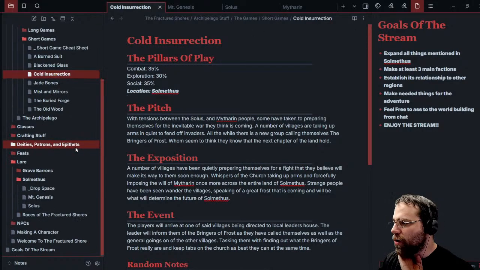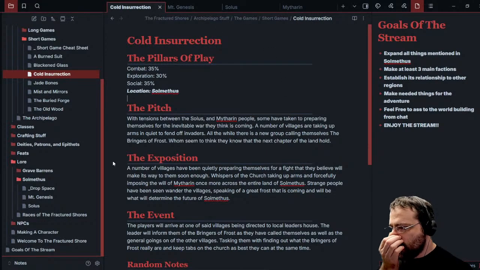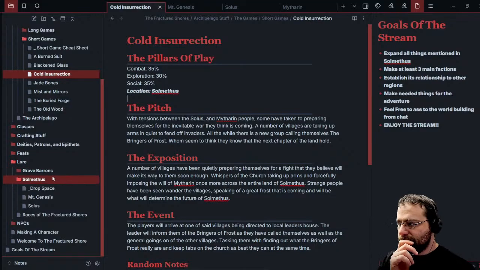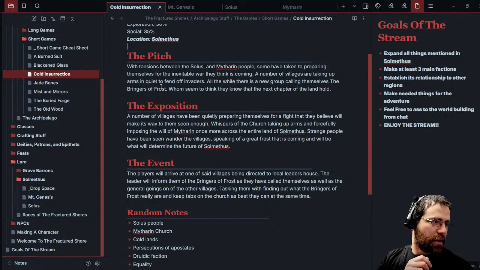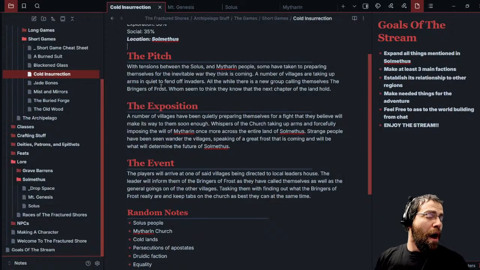So, let's make a little note here of the stuff that, let's figure out what we need here. So we got these three places here. So what do we need from this place?